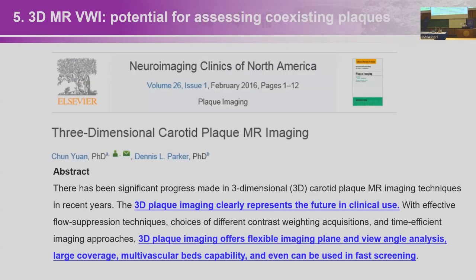So in 2016, Dr. Chun Yuan and Dennis Parker stated that 3D plaque imaging will offer flexible imaging planes, large coverage, multi-vascular bed capability, and can even be used in screening. I totally agree with this opinion.